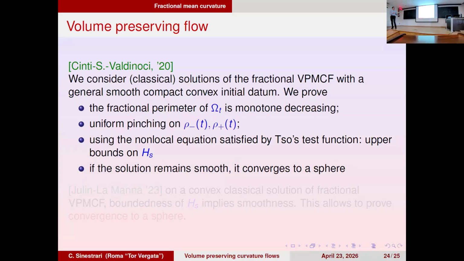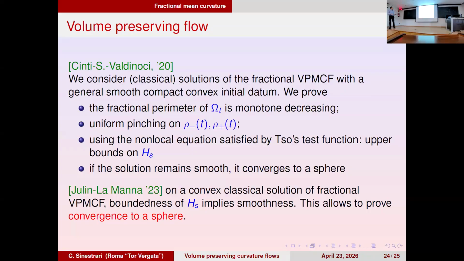So basically we did some estimates and said, well, if the solution exists, then it goes to a sphere, but we did not have enough to justify this claim. It was a partial step, but it was eventually justified by Julin and La Manna, who filled in the missing parts of our procedure. And so also in this case, we have convergence to a sphere. So it is known in the volume preserving case, but unknown in the standard case. Sorry for being a bit late, and thank you for your attention.